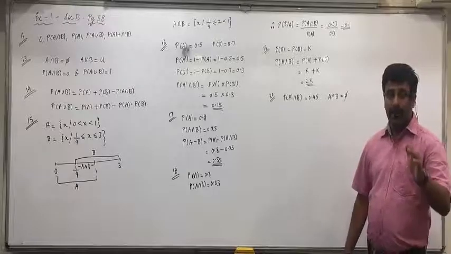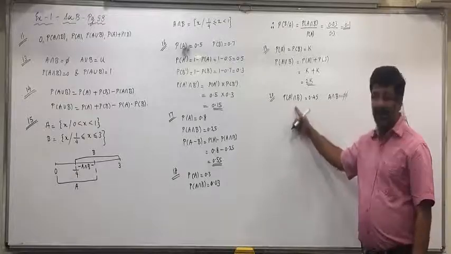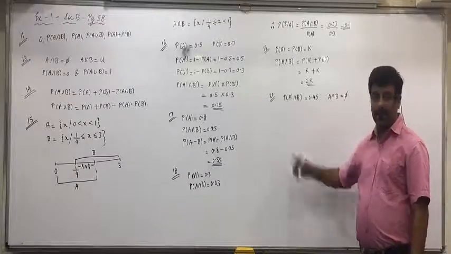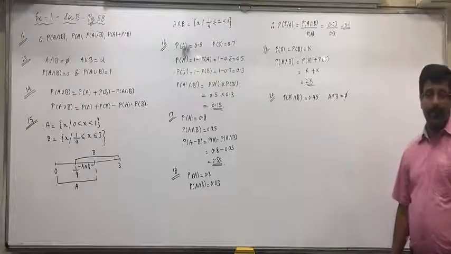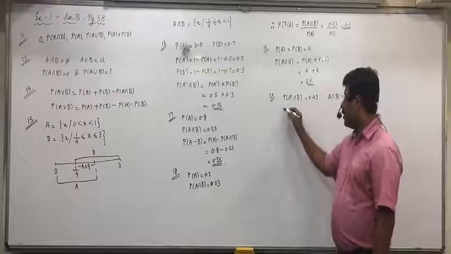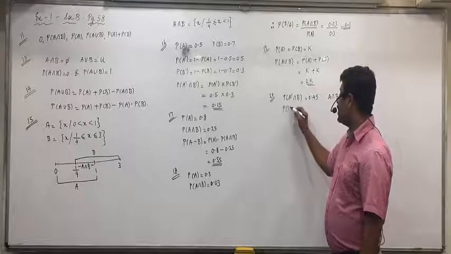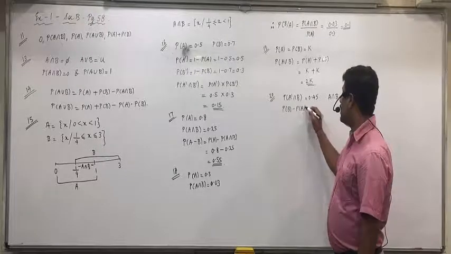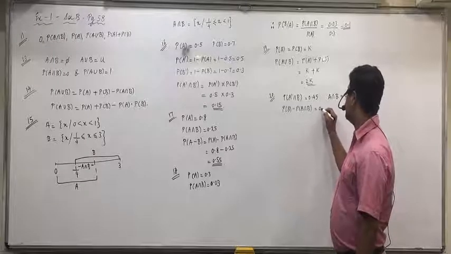Now what is the formula of P(A' intersection B)? P(B) minus P(A intersection B). Yes, this we did yesterday also.